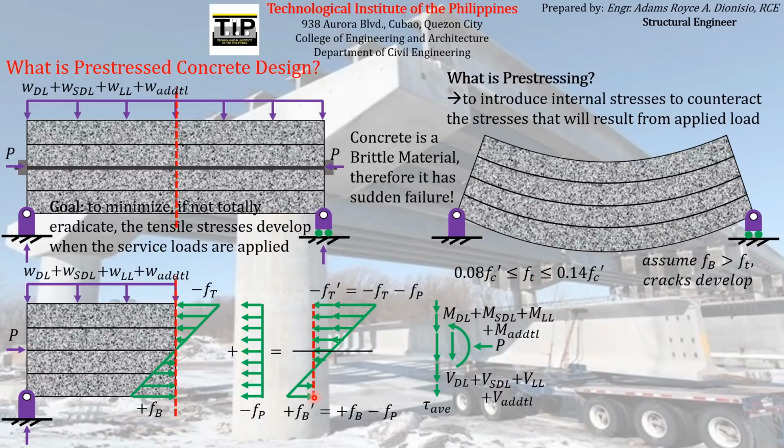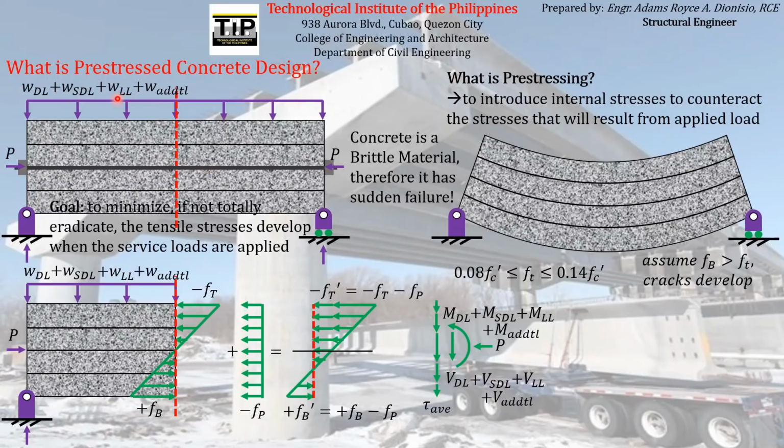Ibig sabihin lang nun, what I just want to say is, kahit magdagdag tayo ng additional load dyan, since eto na lang yung tensile stress na nararamdaman ng concrete, which is far from the tensile strength of the concrete, kahit magdagdag tayo ng additional load dyan, at lumaki pa yung flexural stresses na to due to the additional bending moment, we are sure na medyo hindi pa yan naabot sa tensile strength ng concrete. So, ibig sabihin lang nun, due to the addition of the pre-stressing reinforcement, nagkaroon ng additional capacity yung concrete natin.